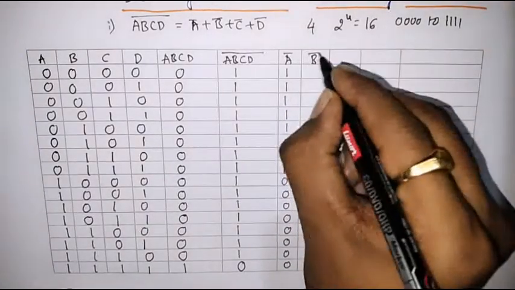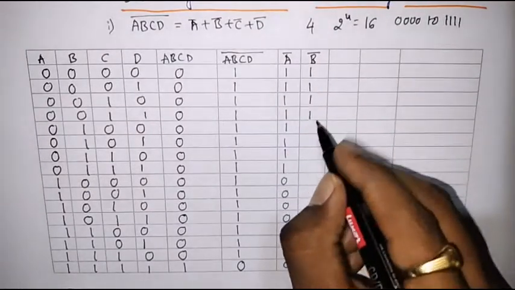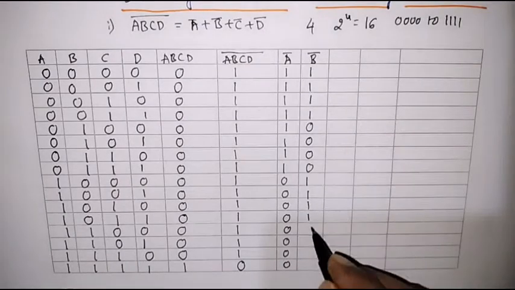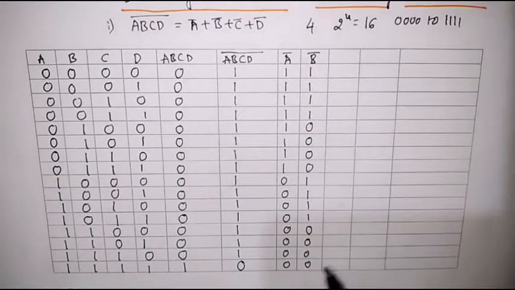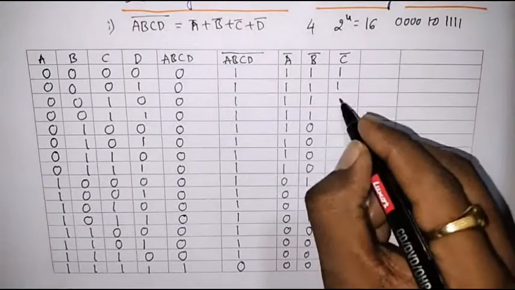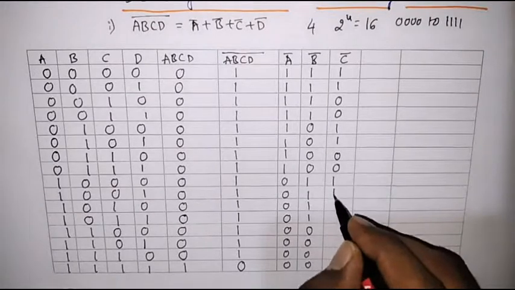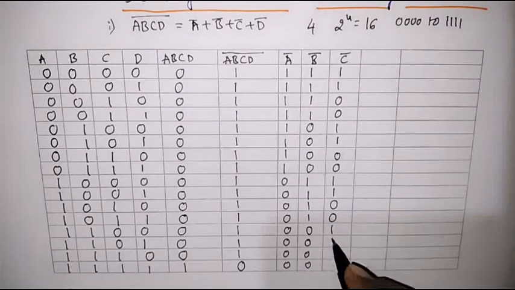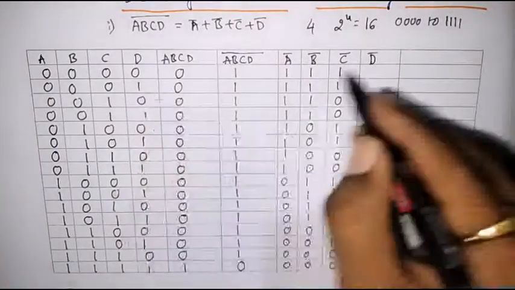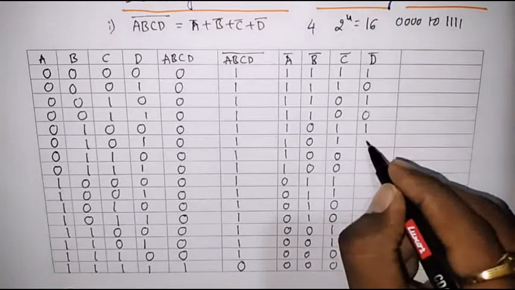Similarly, we'll write B bar, that is 1, 1, 1, 1, 0, 0, 0, 0, 1, 1, 1, 1, 0, 0, 0, 0. Similarly, we'll write C bar, that is 1, 1, 0, 0, 1, 1, 0, 0, 1, 1, 0, 0, 1, 1, 0, 0, and D bar is 1, 0, 1, 0 alternately.